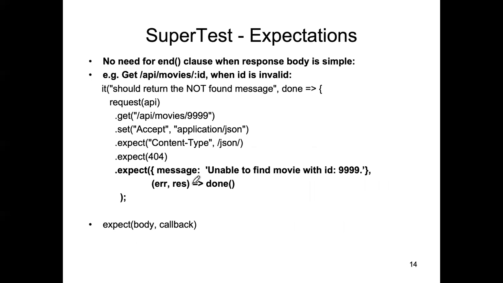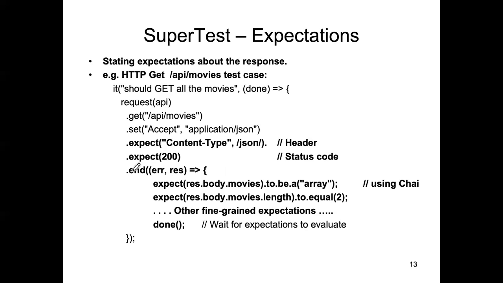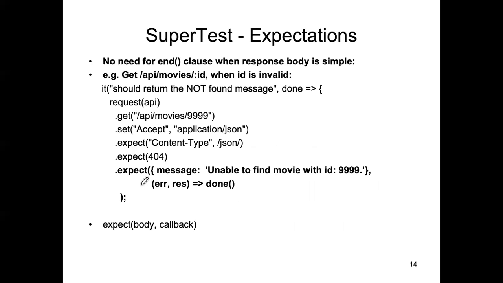Sometimes the response from a web API is something very simple or straightforward. If that is the case, then if I go back, you can leave out the end clause completely. Typically, if you're getting some sort of error response back from the web API, there's no actual body in the error response anyway.